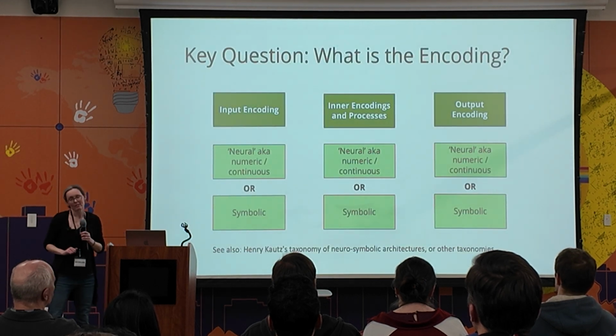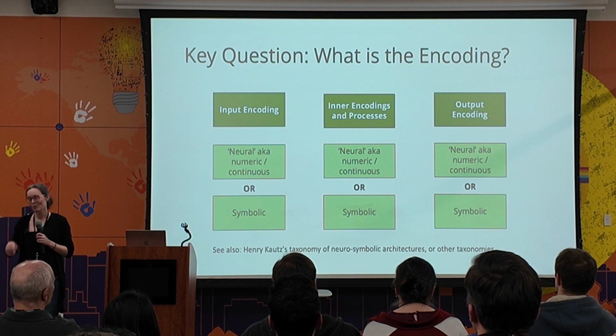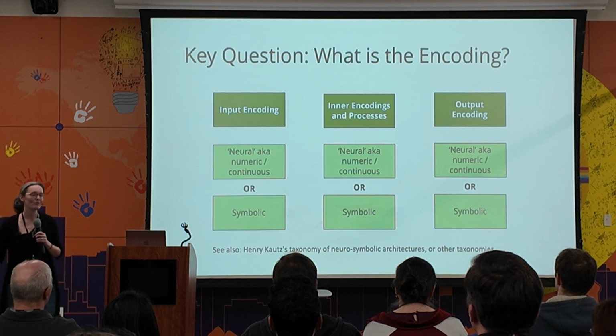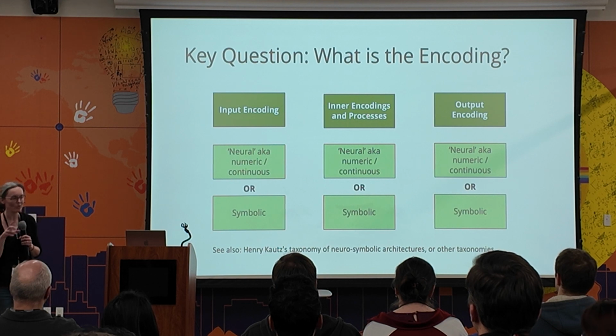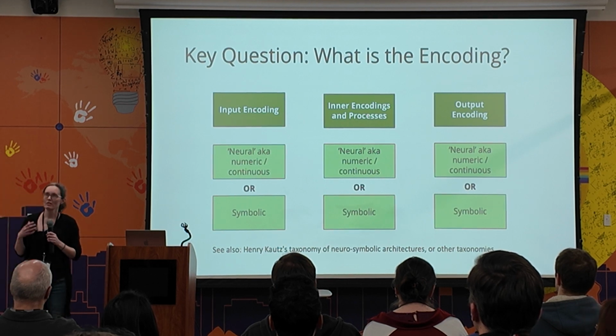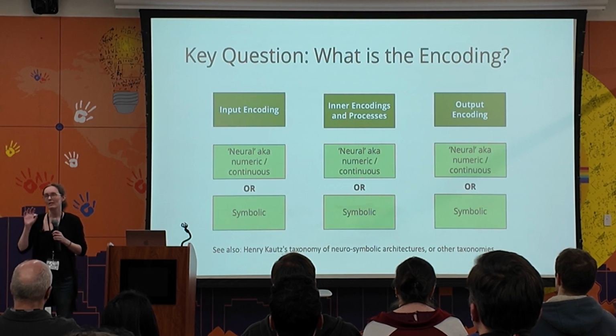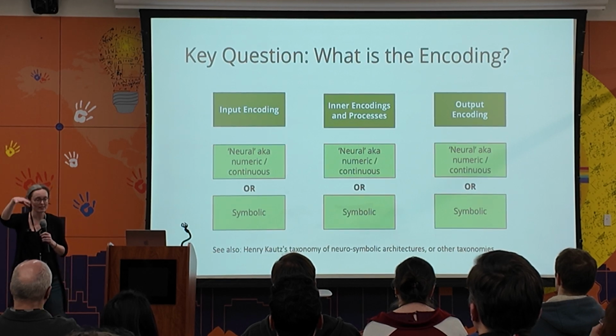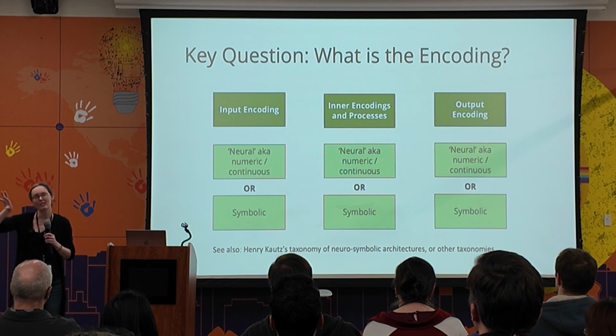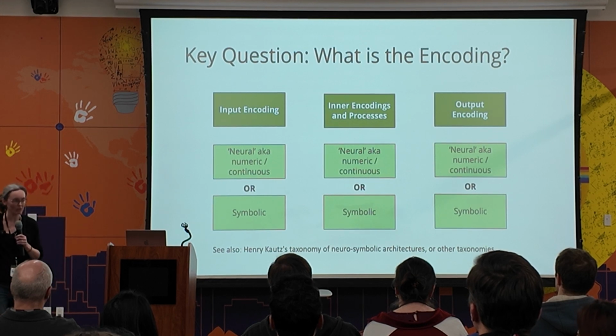The key question to think about if you want to implement some of these architectures is the encoding. This is your way into thinking about it. You can think about it in terms of the input encoding, the inner encodings and processes that are happening, and the output encoding.